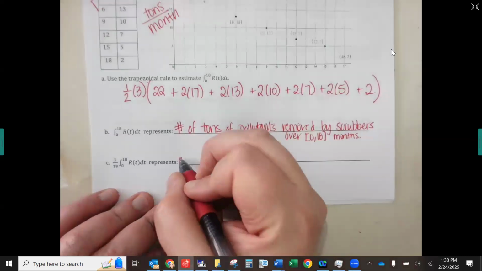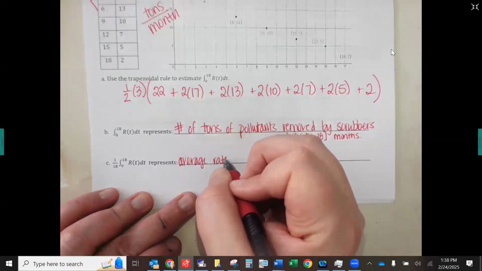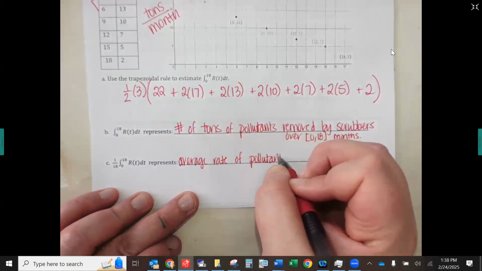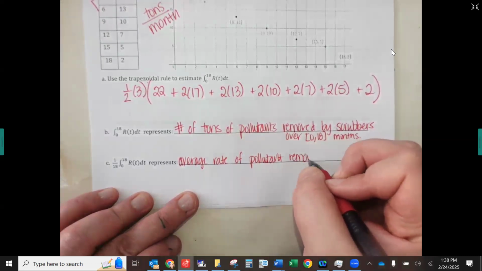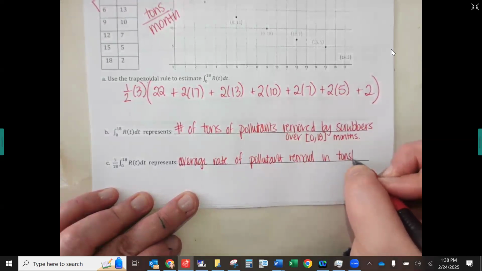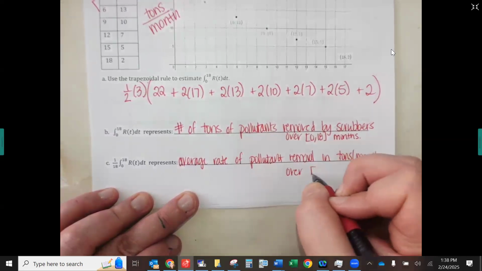So this would be the average rate of pollutant removal in tons per month over 0 to 18 months.